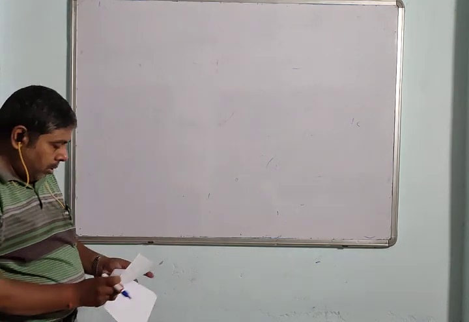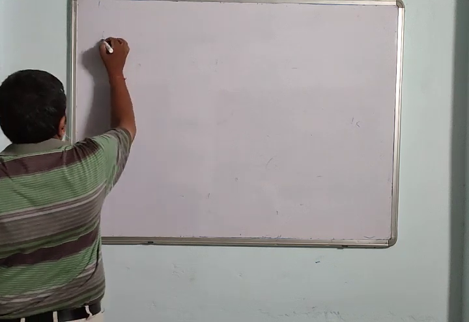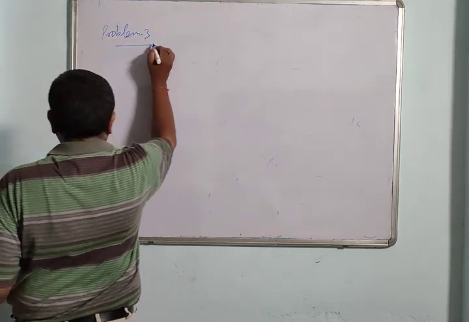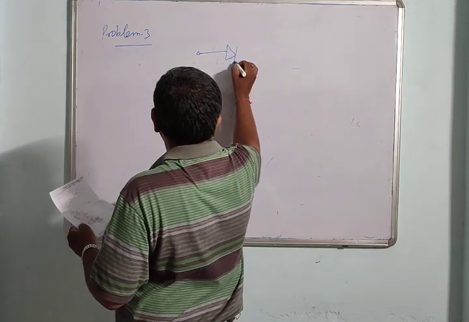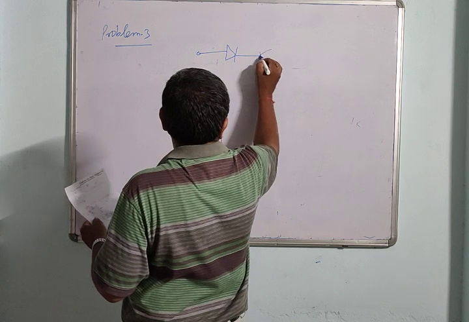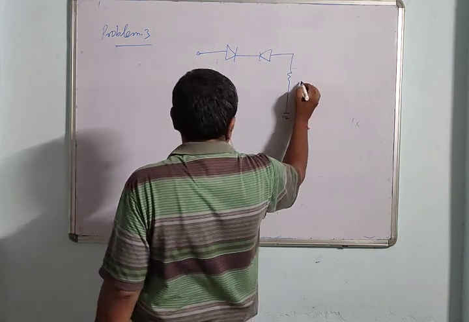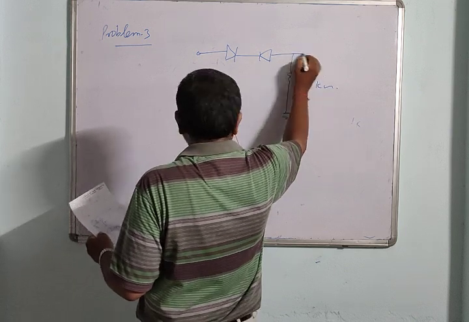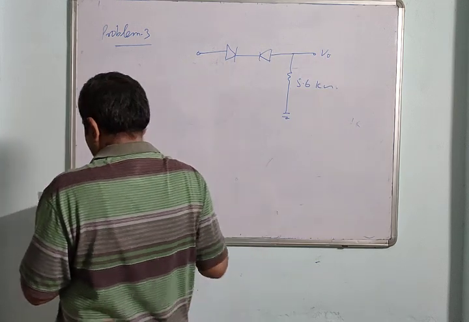So this is the third problem. Silicon diode. We have 5.6 kilo ohms. Drop is V0.